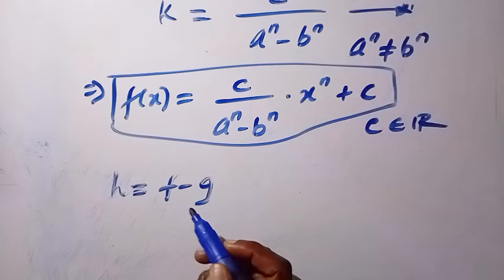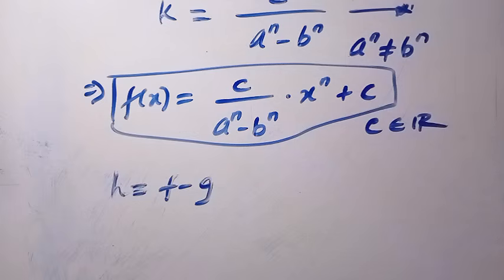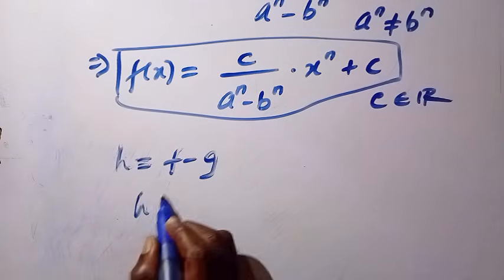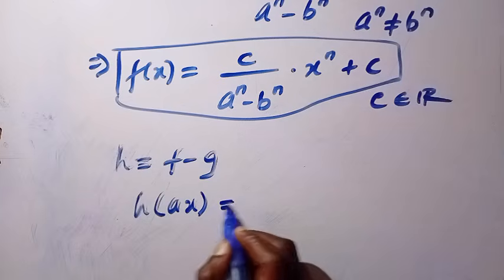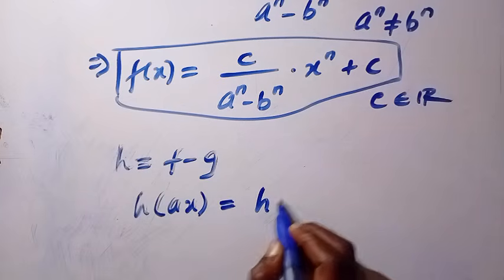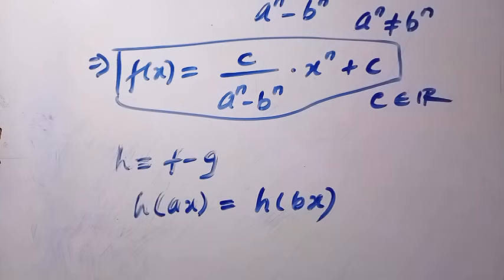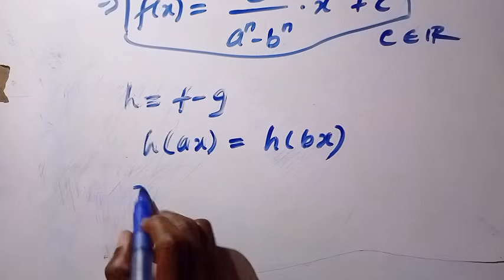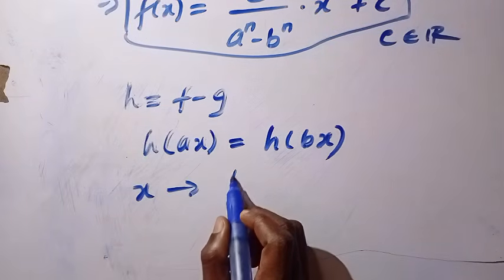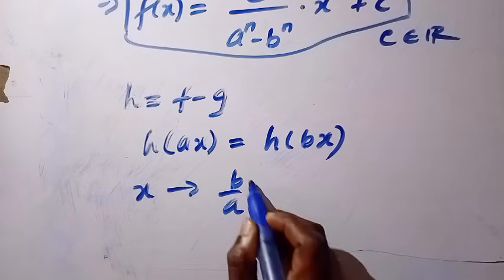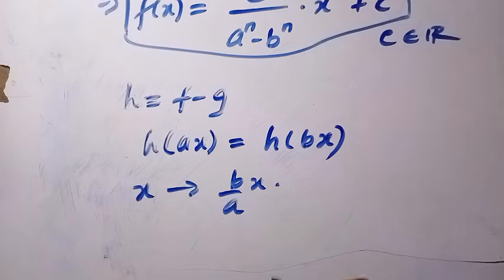So these are two different functions, function f and function g. Then we have h of ax equals h of bx. So if h of ax equals h of bx, and suppose I replace x with b over ax, and I'm going to do this repeatedly.